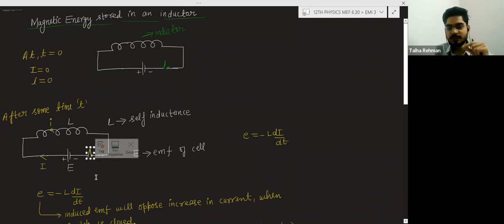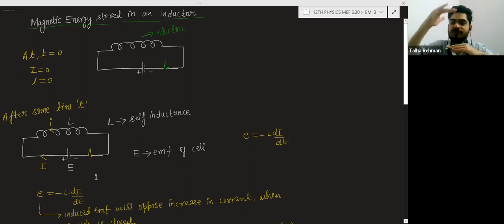Just after you close the switch, the current will start increasing from 0 to some value. So the current in this circuit will start increasing from 0 to some value, meaning the current starts increasing in the inductor.